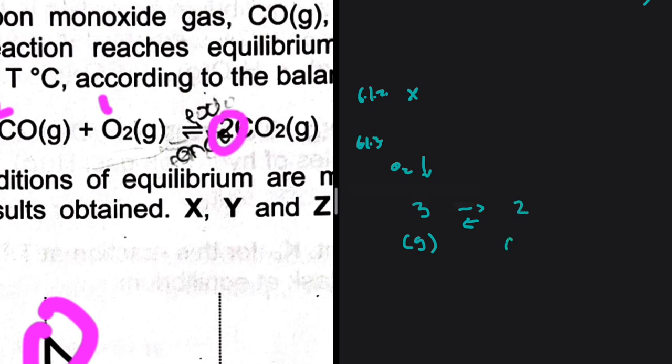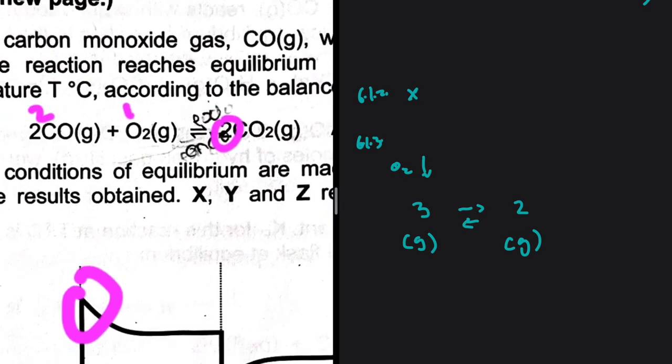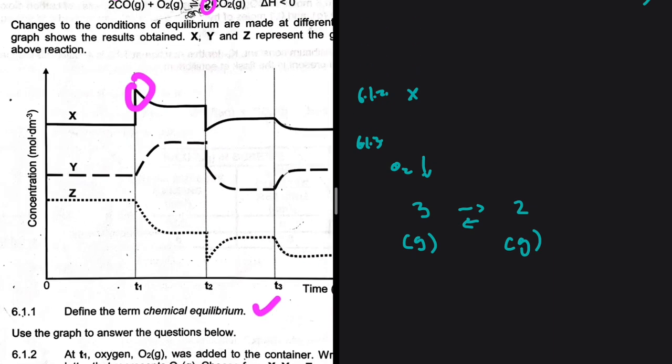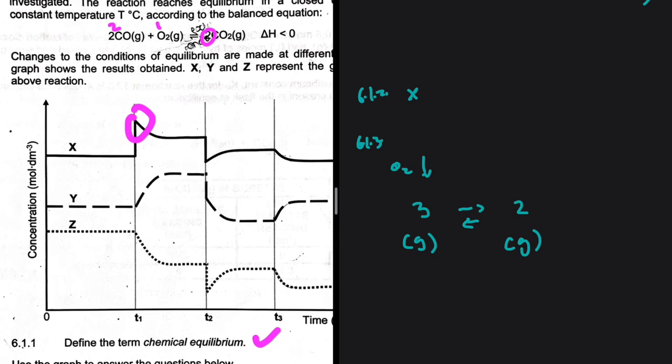Okay, why are we doing this? We want to see how our system will react to a disturbance, because the system wants to oppose the disturbance, right? So what happened to O2?